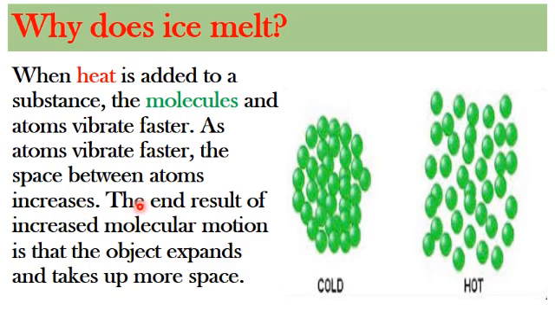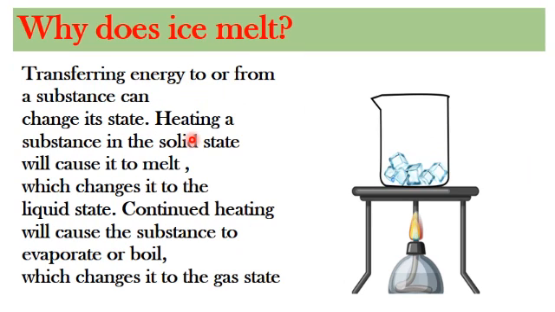The end result of increased molecular motion is that the object expands and takes up more space, just like water. Now, dear students, I hope you understood well why does ice melt. Now, there is more explanation about why does ice melt.